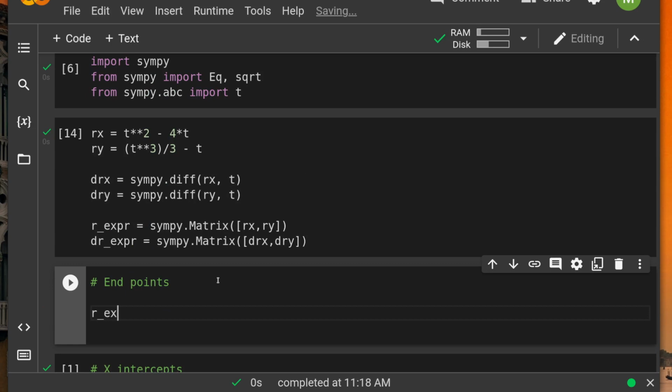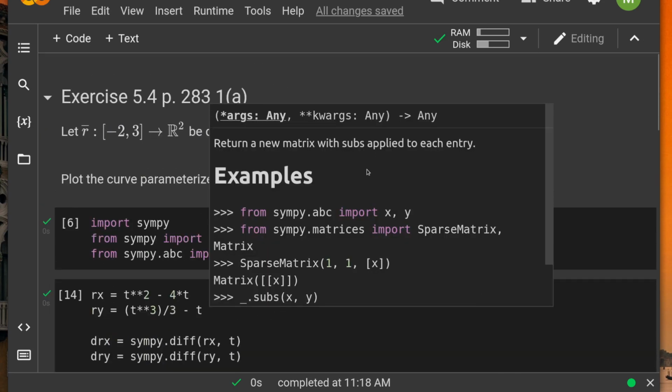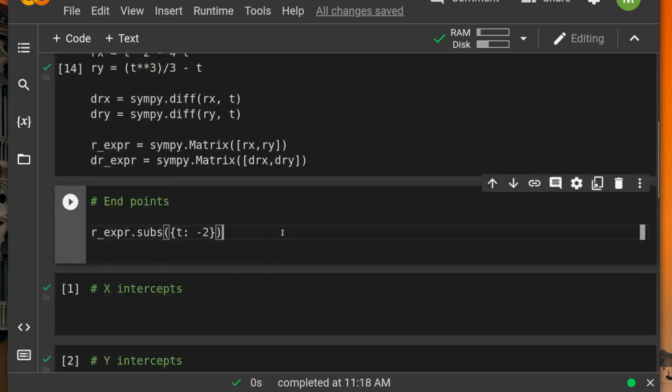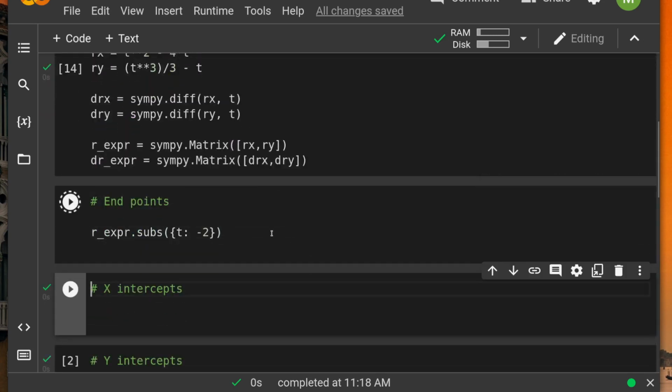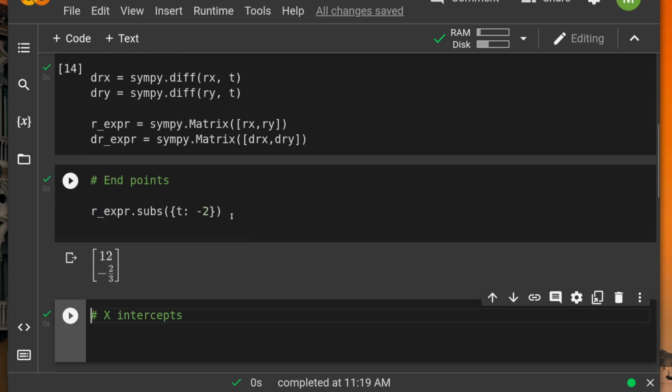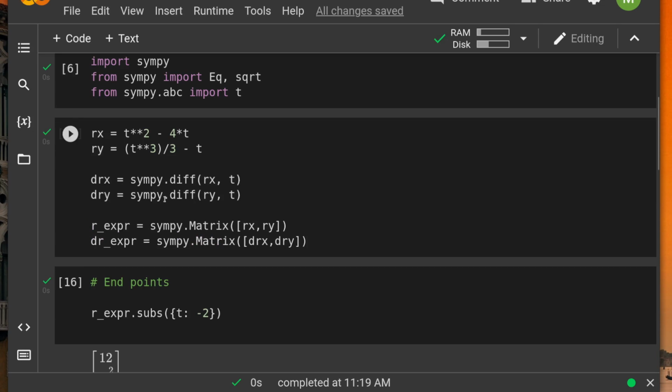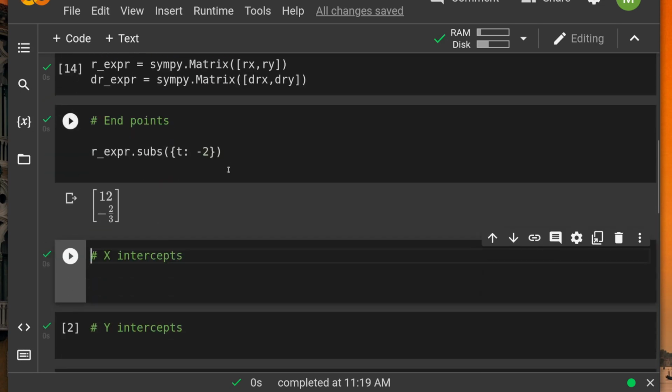I'm going to take our expression and substitute for t the value -2, the left endpoint of the values that t can take on from the domain of our vector function. That will be our start point.